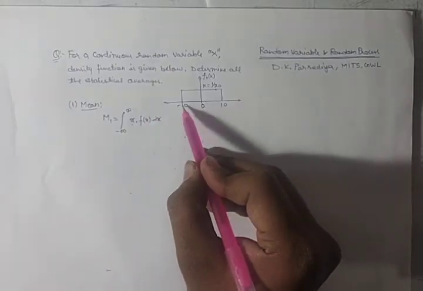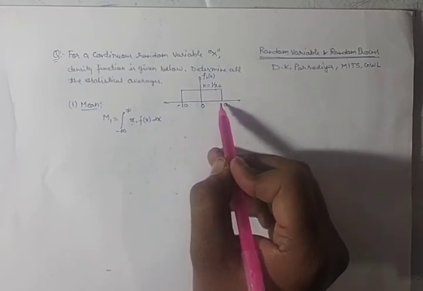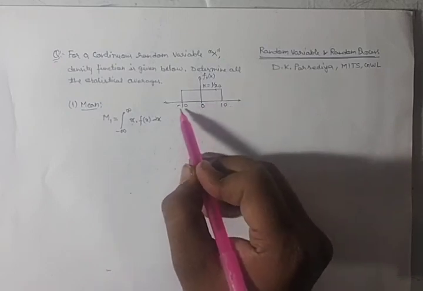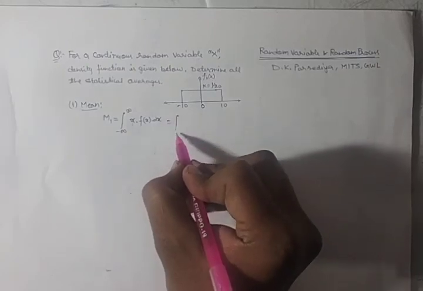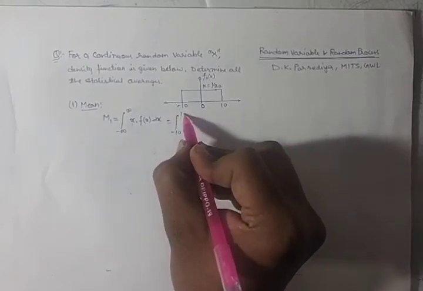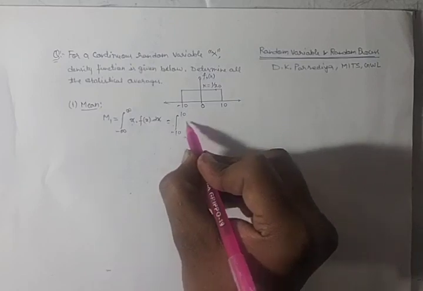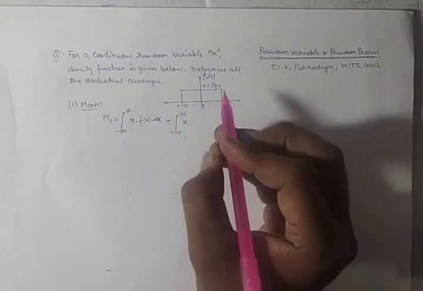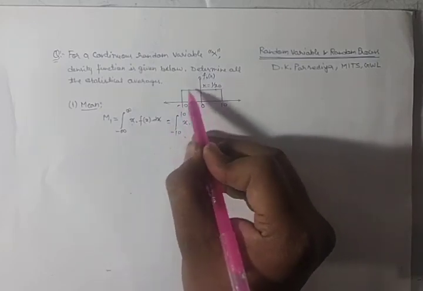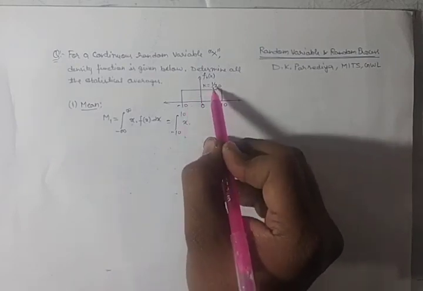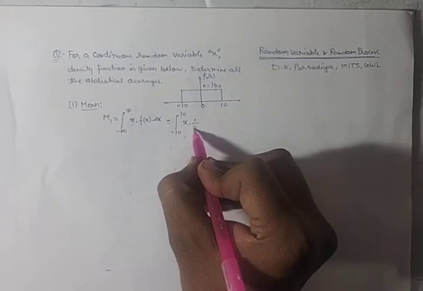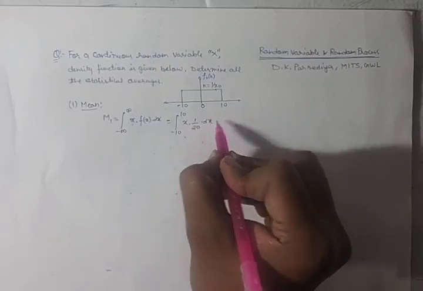Since our probability density function is distributed between minus 10 to plus 10, our limit will be from minus 10 to plus 10, and x dot. Now the value of f(x) is constant between minus 10 to 10, that is 1 by 20. So it is 1 by 20 dot dx.